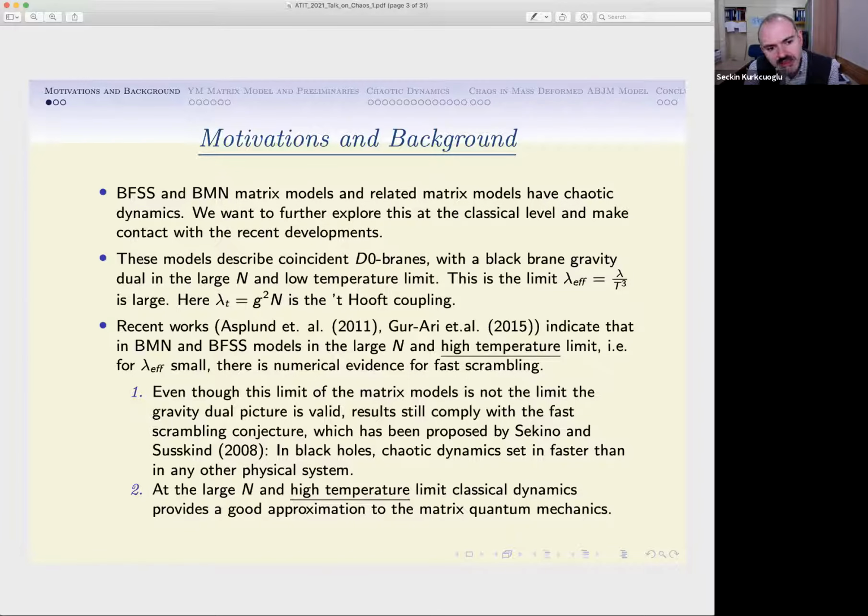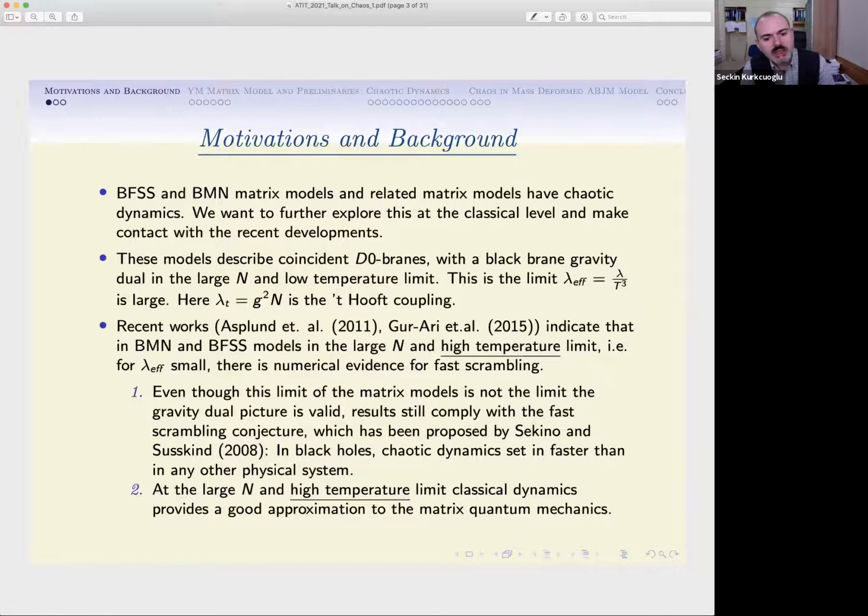When we talk about matrix models, the diagonal entries of these matrices describe the locations of these D0 branes in the BFSS model, which has a flat background, in a 9+1 dimensional space-time, whereas the off-diagonal entries of these matrices describe, roughly speaking, the strings stretching between these D0 branes and the excitations of these strings.